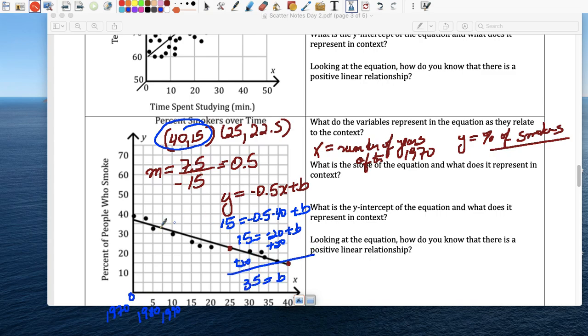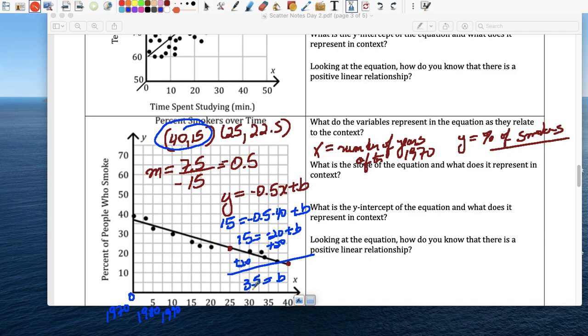And look at that, we're not that bad off. The y-intercept here is 37.5, but the one that we found is 35. The reason for that is that the points here are not all on the line. It's not a perfect linear relationship.